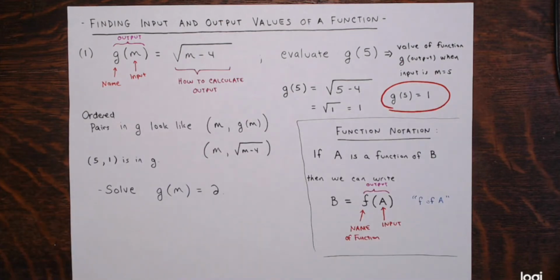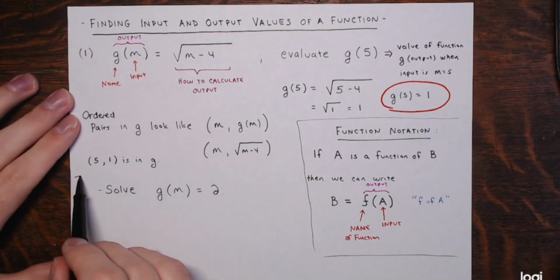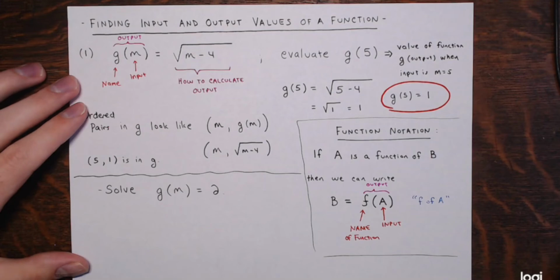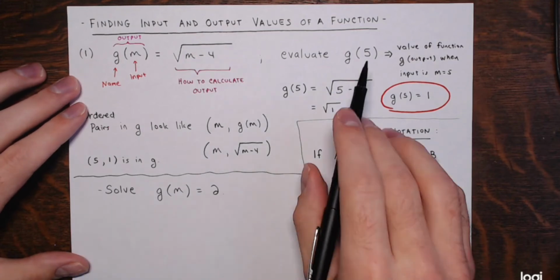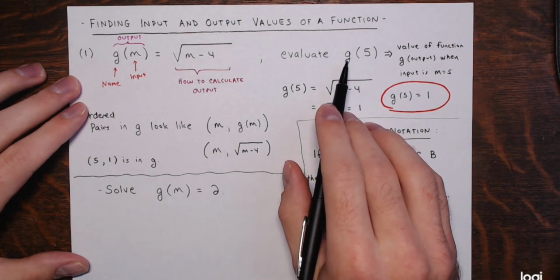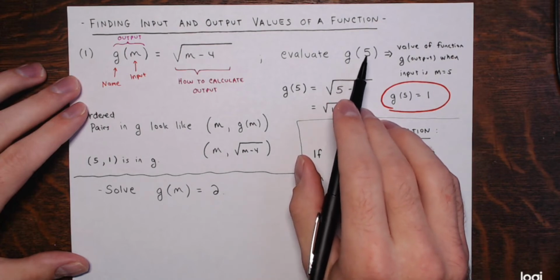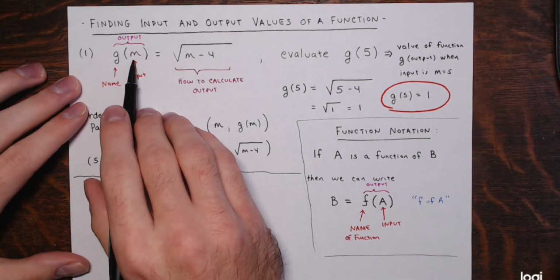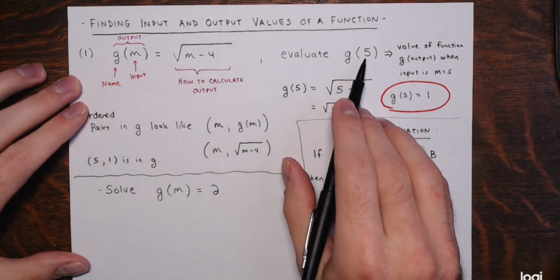All right, so now part 2 of this example 1, we're asked to solve an equation. Right here, when they said evaluate g of 5, I was given an input, the m inside the parentheses. The input was 5.